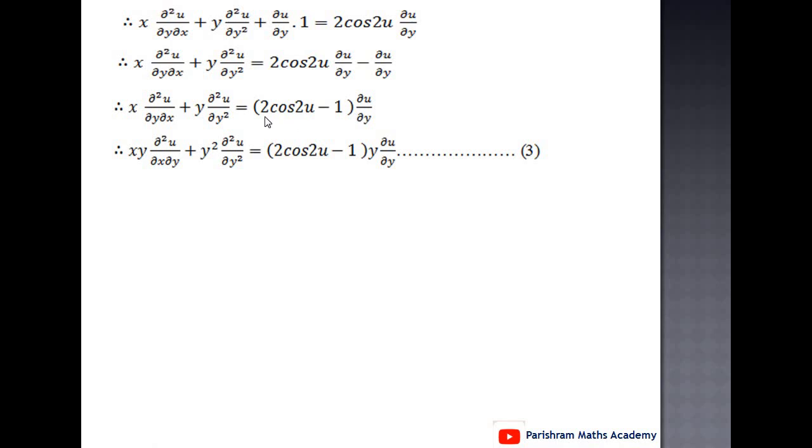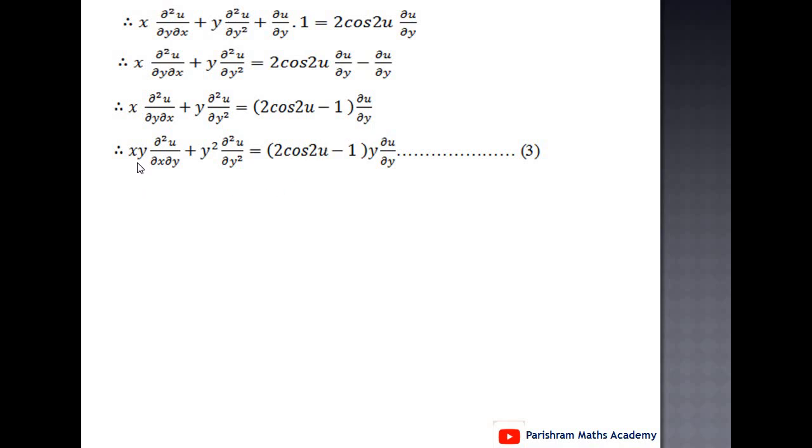Then this third term, ∂u/∂y, we can transfer to the right hand side. We have 2 into cos of 2u into ∂u/∂y minus ∂u/∂y. Then from the right hand side we can take ∂u/∂y as common. We have 2 cos 2u minus 1 into ∂u/∂y, and then multiply by y on both sides.